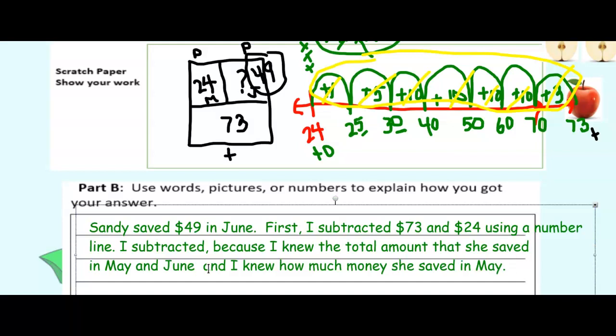We can also talk about how we subtracted by counting up.